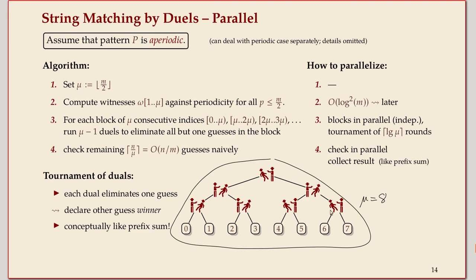In each round, one of the 2 is definitely eliminated, because we find a position in the pattern that mismatches the corresponding position in the text. So in each round, there's a winner of the duel that's passed up the tree. So it's like a football tournament. Always the winner goes on to the next match. And in the grand final, there's only 2 left, and the winner will be the only candidate for a match. Okay.